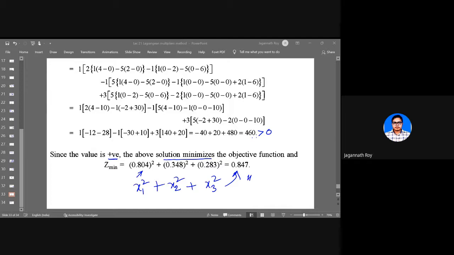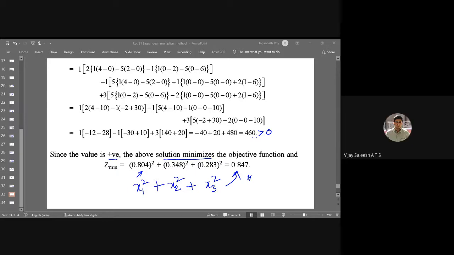Regarding your question, if we take this positive, then what will happen? In fact, we can try what will happen if we take this. Maybe for the same example, if we use plus lambda, I think we can spot the difference. Will it make any distinction?